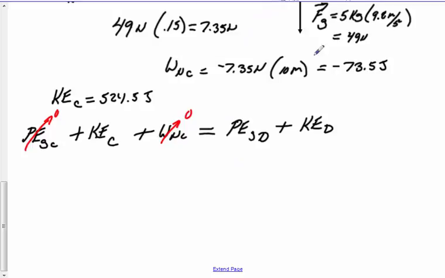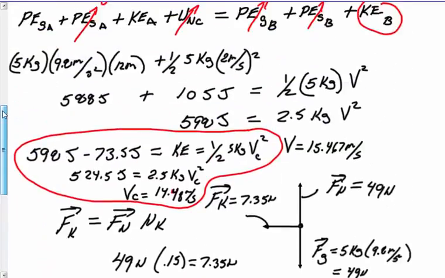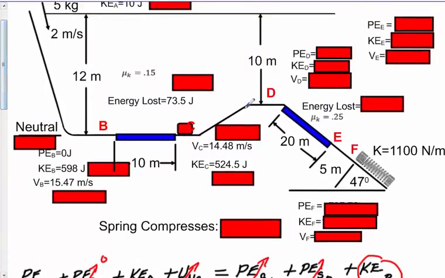plus the kinetic energy I have at D. Well, I come back down here. I take 524.5 joules. I will set that equal to gravitational potential. Well, what's the difference in height? It's 12 here and 10 here. So I've gone up 2.